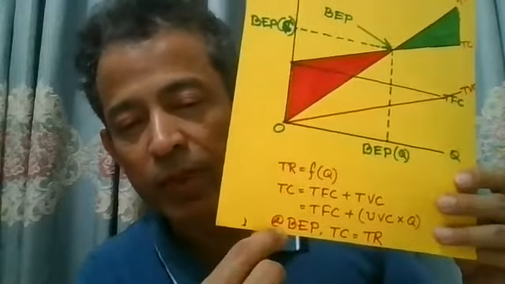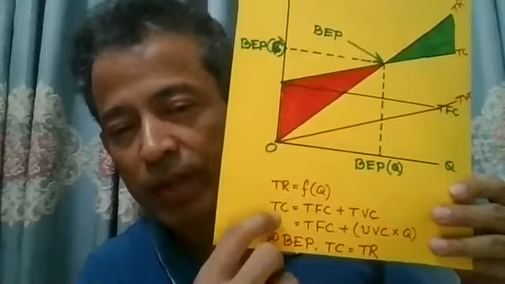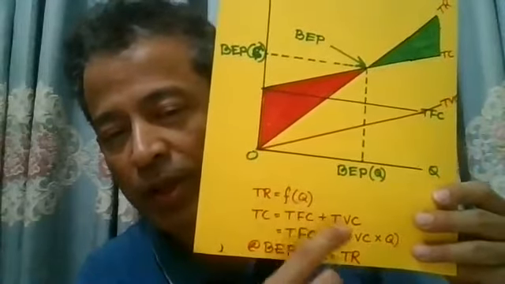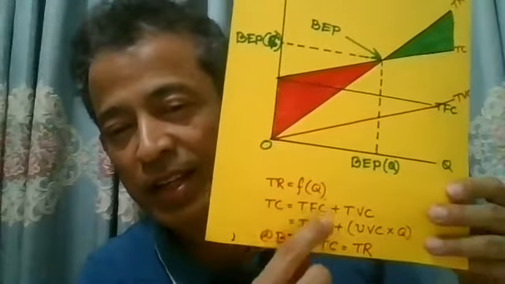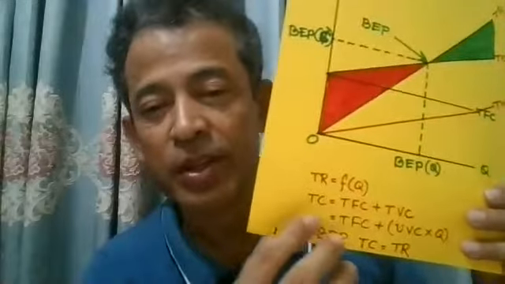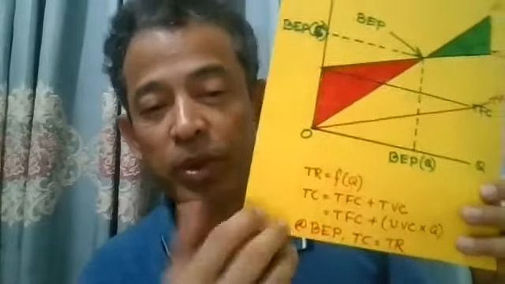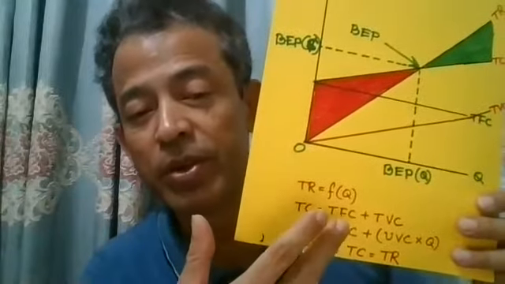And then, therefore, the break-even point is where these two are the same. Total revenue and total cost are the same. That means you have to have a level of Q at which the profit is equal to fixed cost, or net profit is 0. Well, not profit, your contribution margin is equal to fixed costs. All right, so we'll get to that soon.